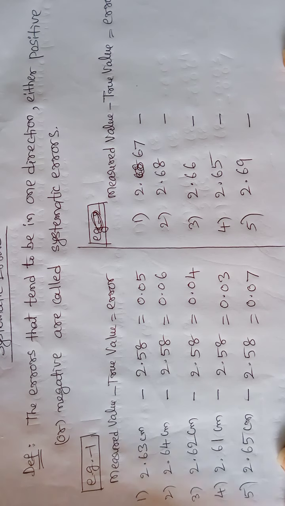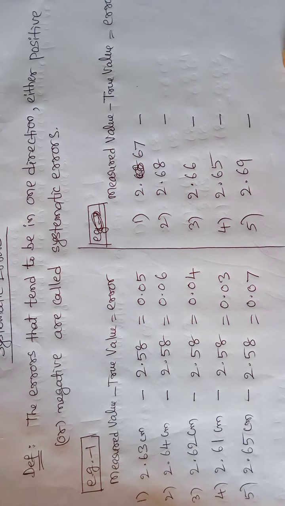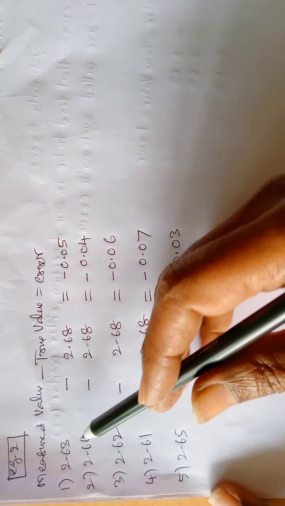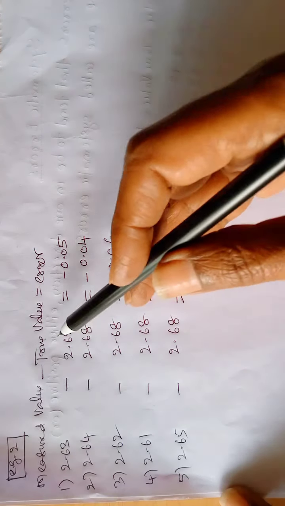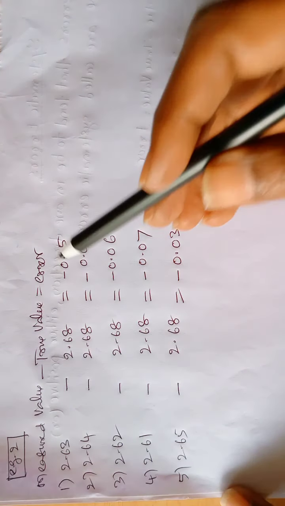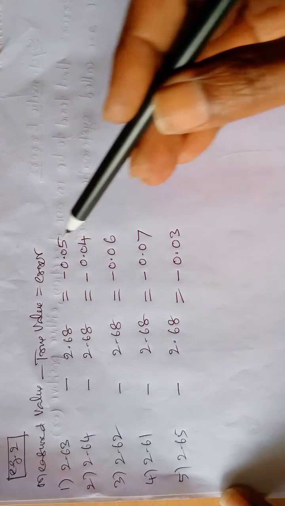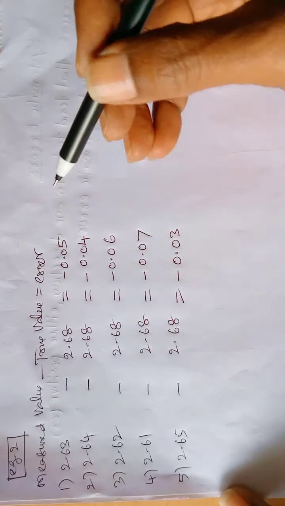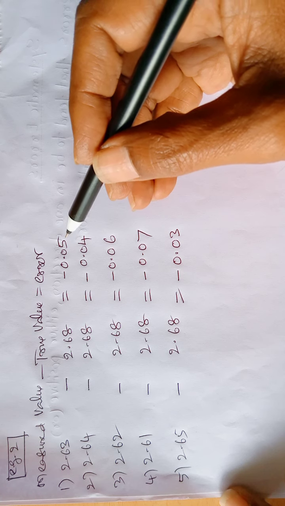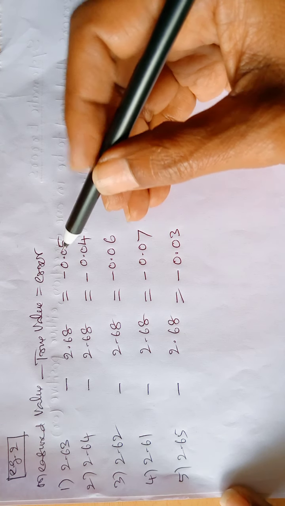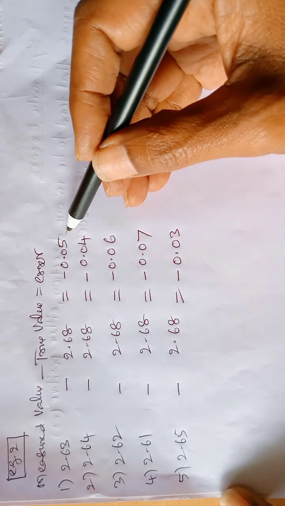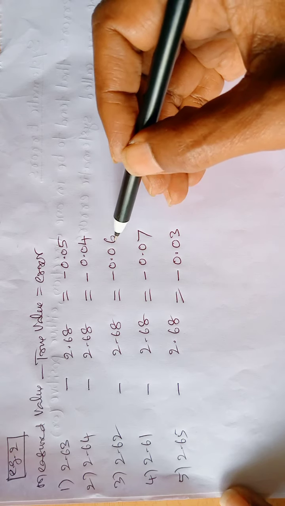Now let us go for another example. See, these are the measured values. This is the true value and the difference is written here. The difference is nothing but errors. See, for the first measurement, the error is negative, minus 0.05. Here also minus, here also minus, here also minus.